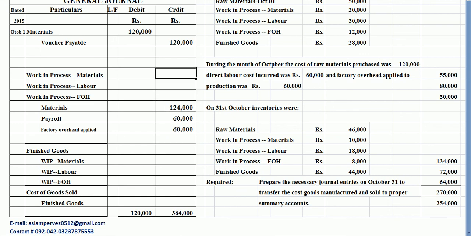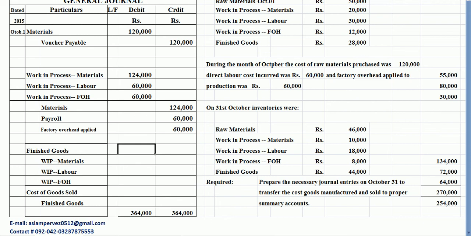Students, the working process material is ₹1,24,000 here, and working process labor is ₹60,000 here, and the working process FOH is ₹60,000 here. Students, this is the entry which is passed against the material, payroll, and factory overhead applied to production. Now we move below.